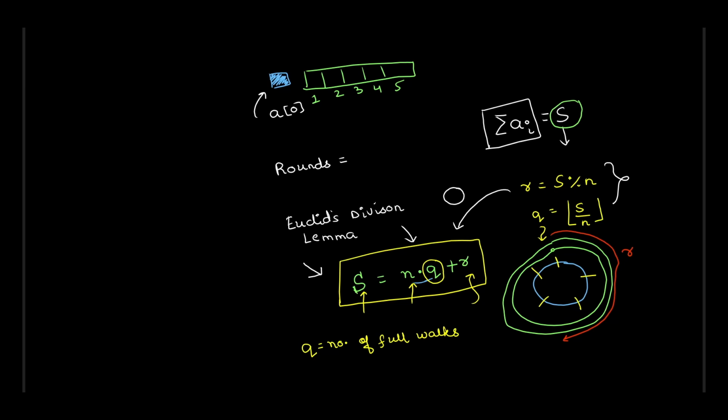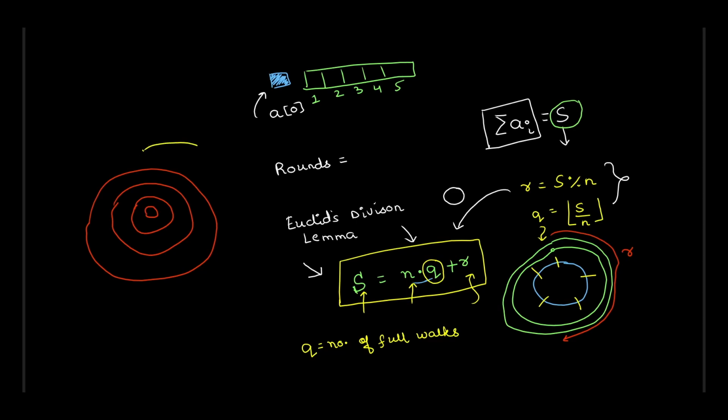This means that for n people to play this game, the game will continue for Q rounds, where in each round you walk on a circle completely, and in the last round you will not be able to complete your walk. So you start from here and only cover the first R people.